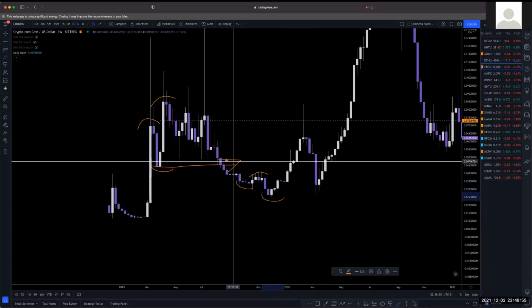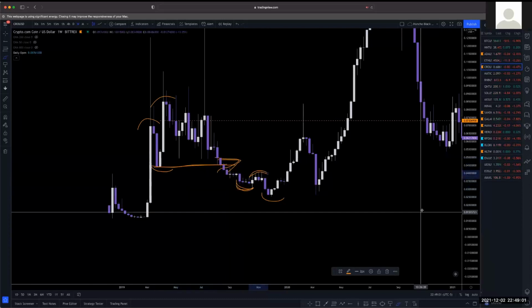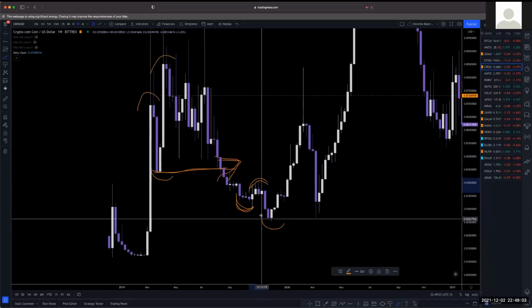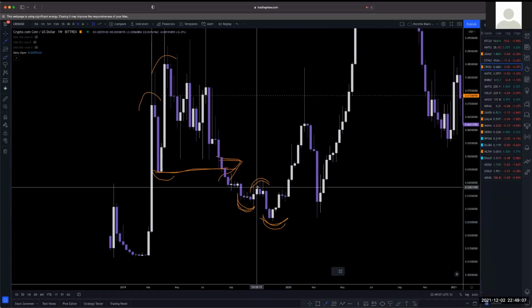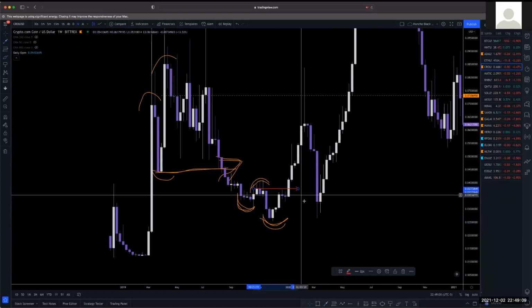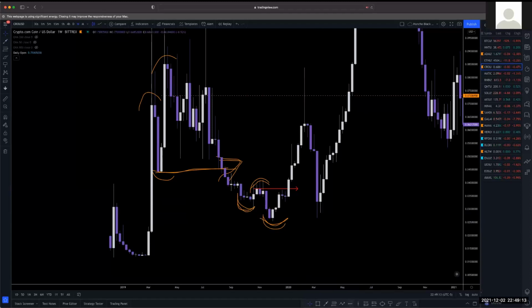Here's where we broke structure to the downside, and then we created another lower low, lower high, lower low, and then we broke once more right here, except this time we broke bullish.